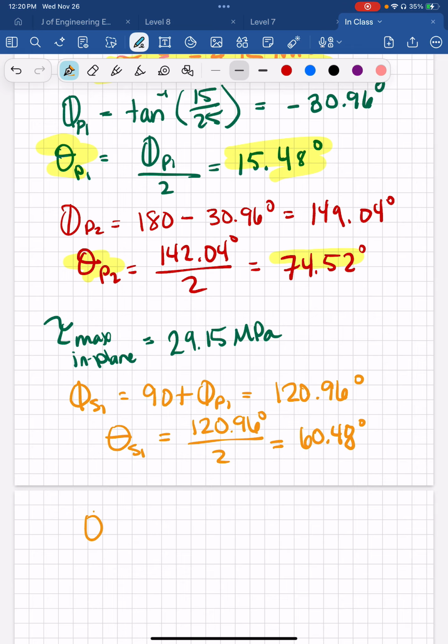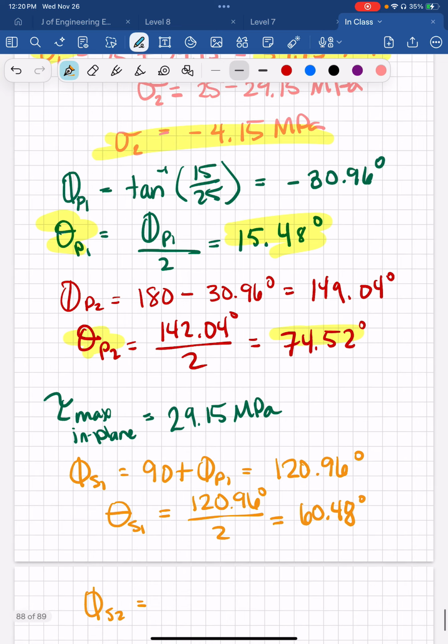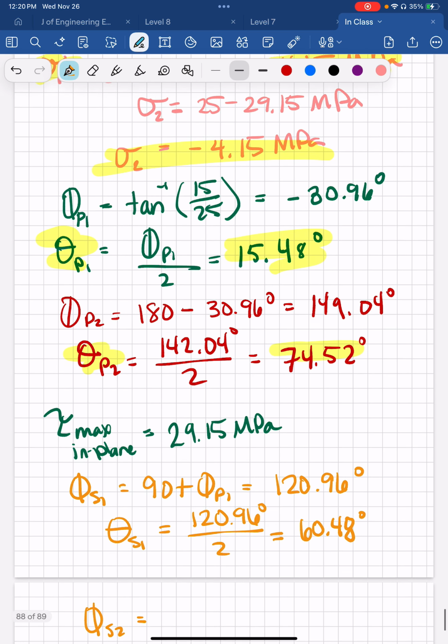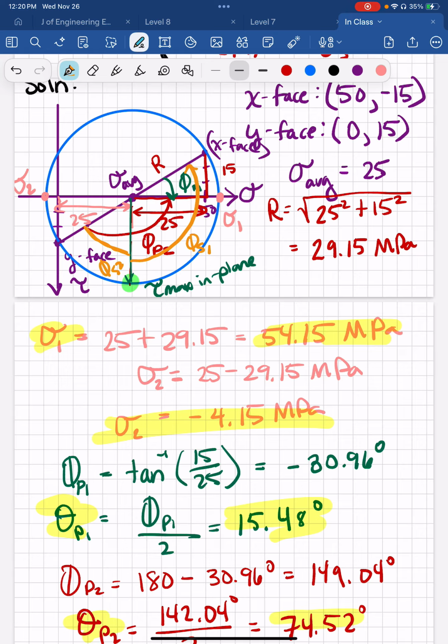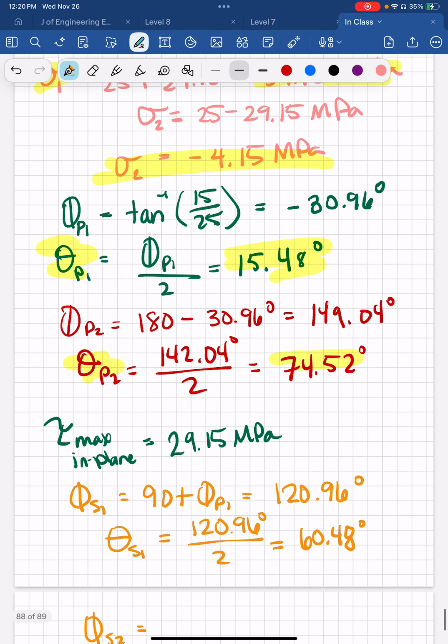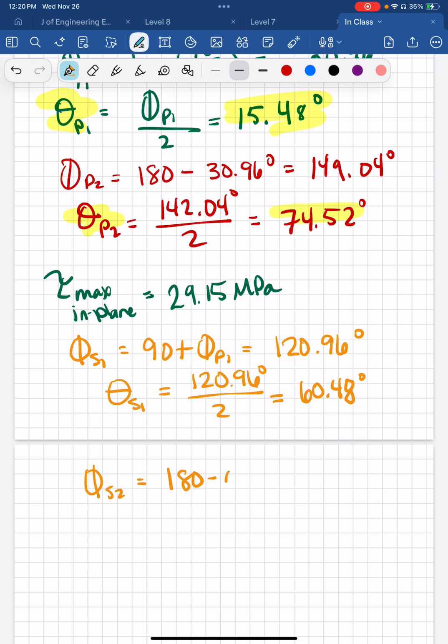And then the phi S2 is over here. Let's see, the easiest way to do this would be 180 minus that phi S1. So 180 minus 120.96 gives us 59.04.